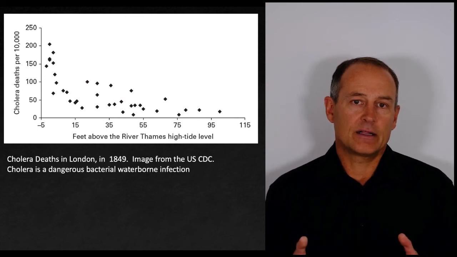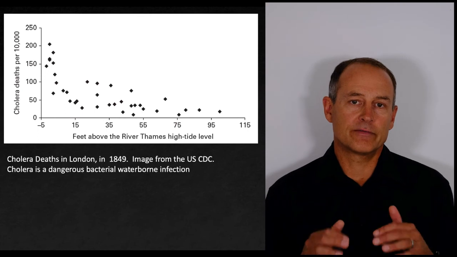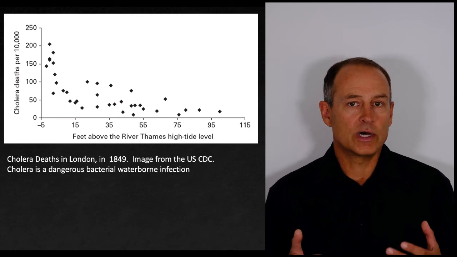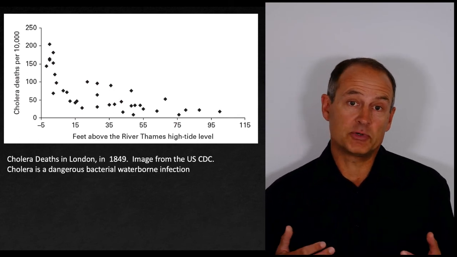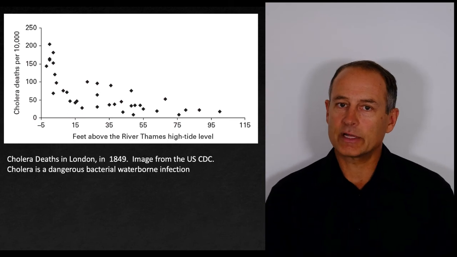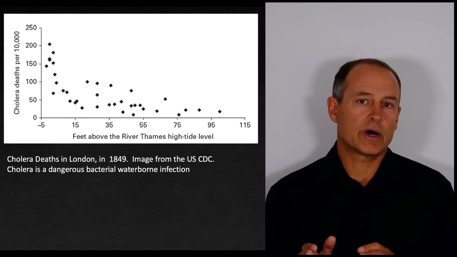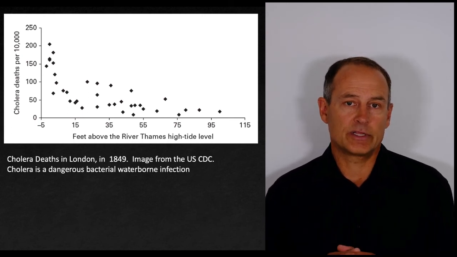What these data tell is that the people that lived in 1849, very close to the level of the River Thames at high tide, were the ones more likely to get cholera compared to those that were living up to 100 feet above the river. What this suggests, and I'm being careful with my language here, is that exposure to water at high tide in that river could be a cause of cholera in these populations.